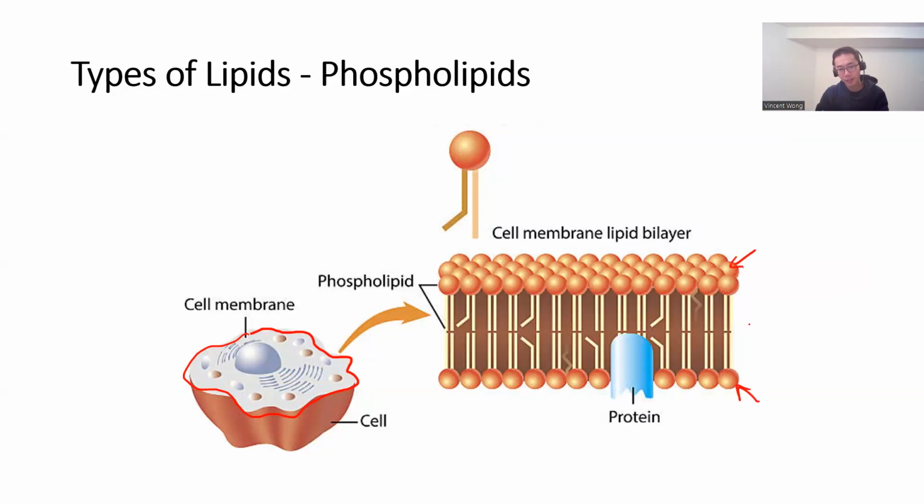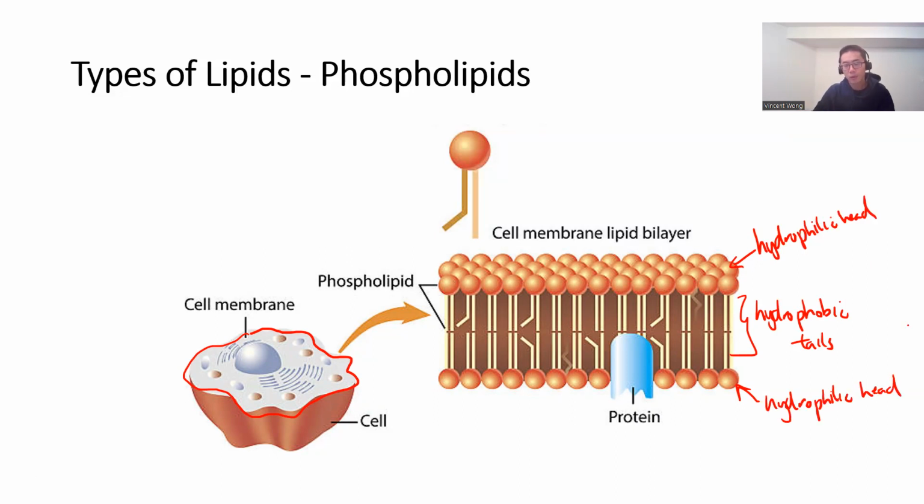So you have the bread on the outside and the inside, and sandwiched between would be the hydrophobic tails. Hydrophilic head. We'll learn more about this in future lectures, but for now, I just want you to know that the phospholipids are the key components that make up the cell membrane.